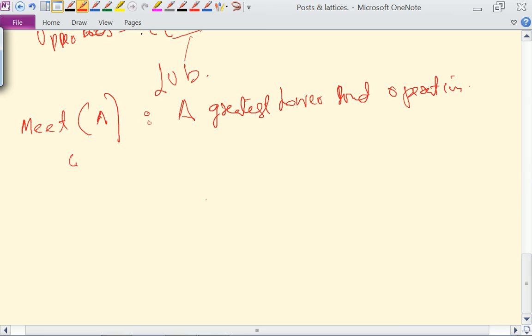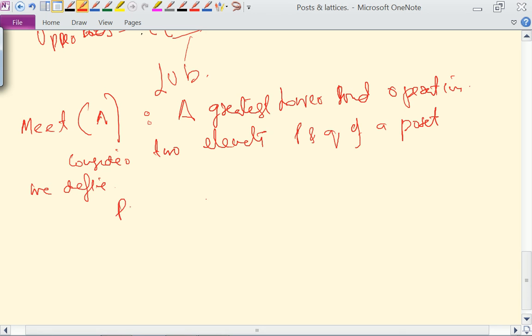So if you have two elements, consider two elements P and Q of a poset, we define P meet Q, read as P meet Q, which is similar to GLB of P comma Q. Whatever is the greatest lower bound of P comma Q, that will give us P meet Q. If you want to find P meet Q, we have two sets, P and Q, so we have to find the GLB, the greatest lower bound.